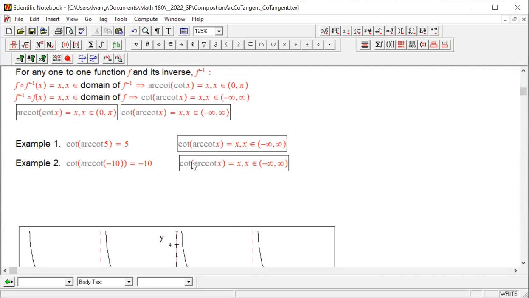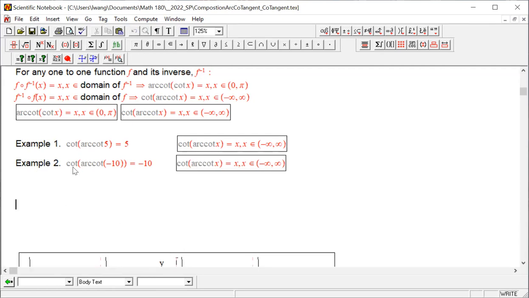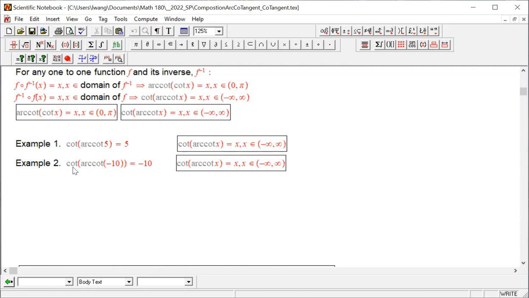In the event that we forget and we're not sure, you can do it from inside out. Just make sure we understand that arc cotangent is going to give us an angle between 0 and pi.